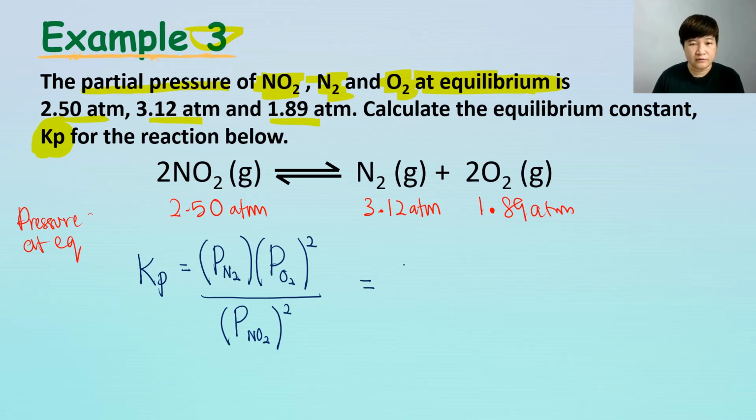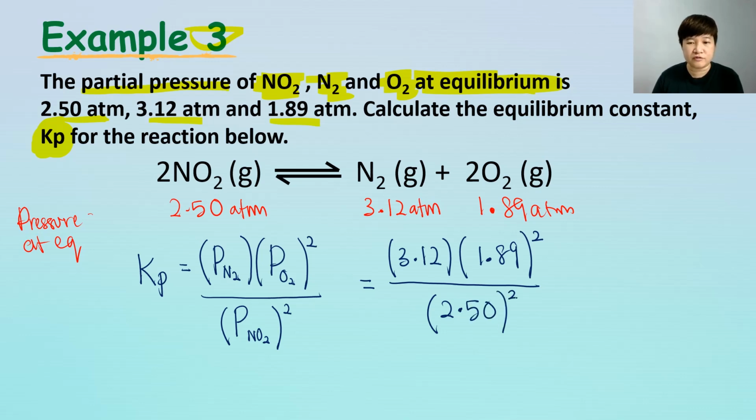Substitute all the values. So the partial pressure of N2 over here is 3.12 atm times oxygen 1.89 to the power of 2 over the partial pressure of NO2, 2.5 to the power of 2.